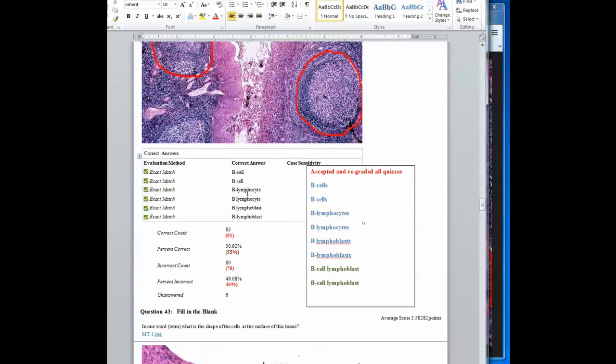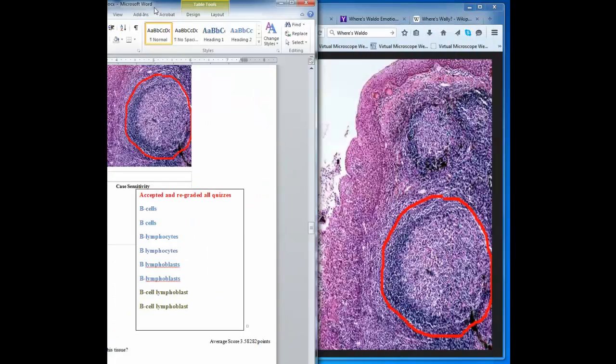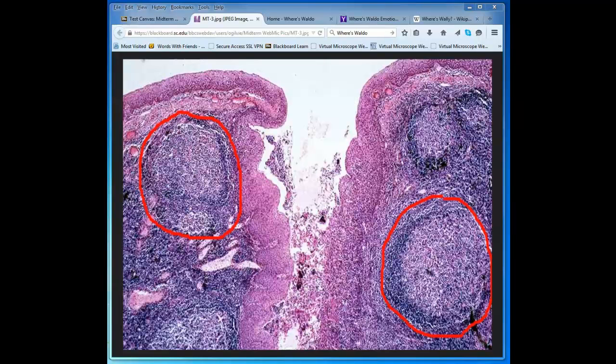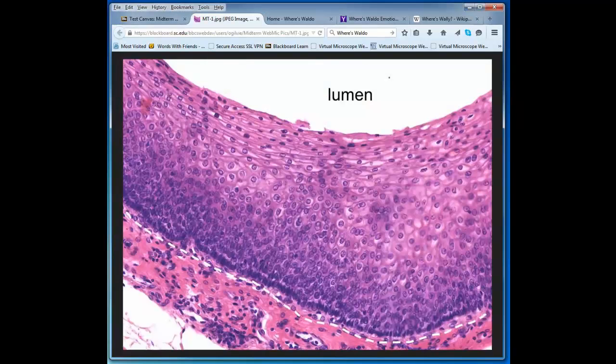We accepted any variation that had B cell in it, lymphoblasts, lymphocytes, etc. Now, some people actually put keratin or stratum corneum, etc. And this reminds me to remind you that some of you even misread this question. And so let's go on to the next question.